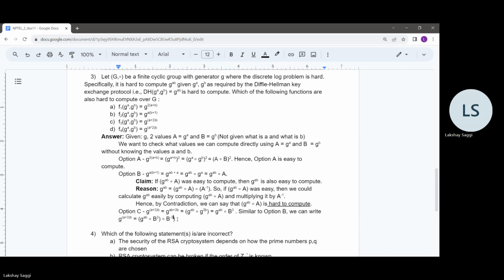So yeah, and hence option C is hard to compute. The argumentation will be the same as given in option B. So similar to option B, we can write, and hence option C will also be hard to compute.